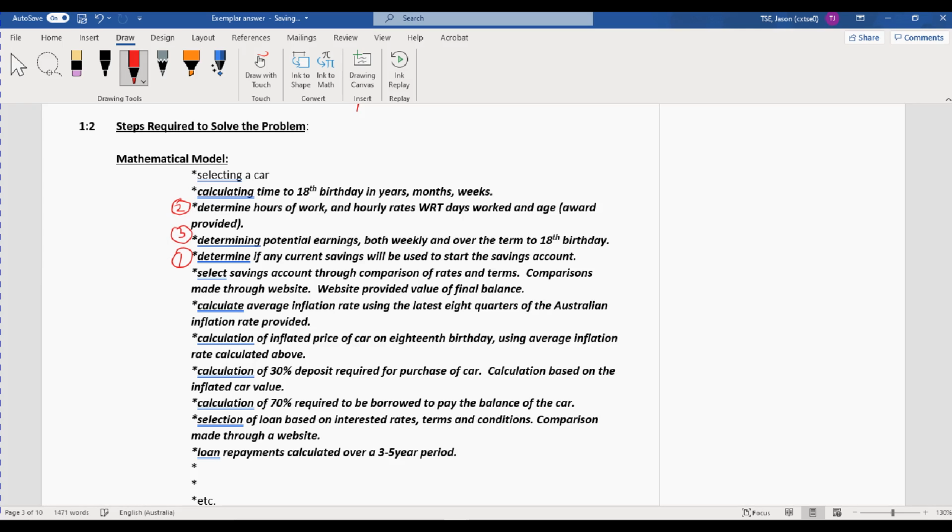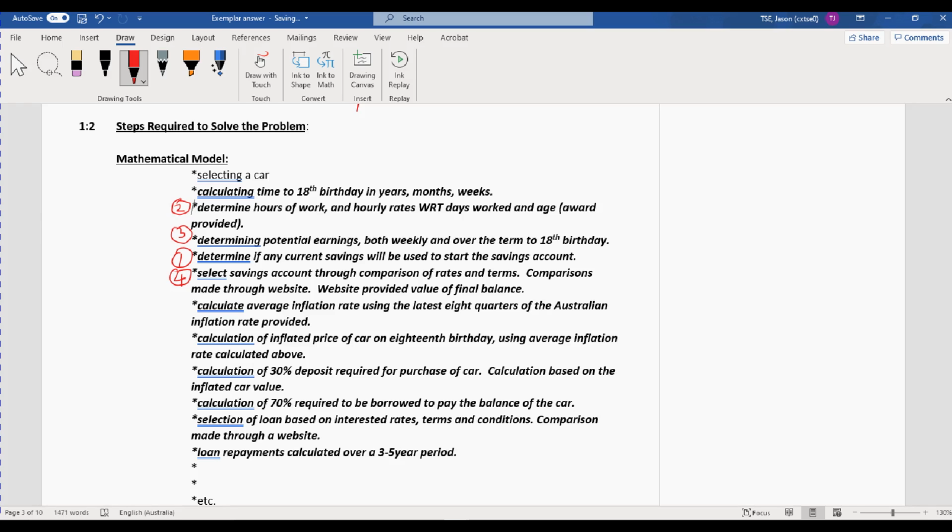Select saving account for comparison rates. So you need to get the full list. That's pretty much for our saving. And then how about the loan?